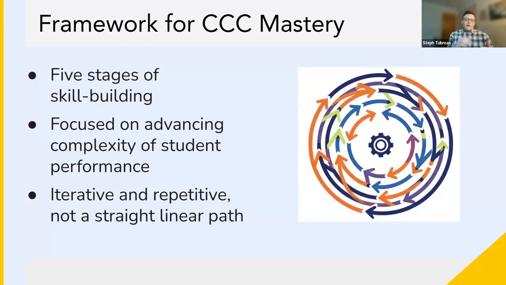I'm going to tell you about the 5 stages, 1, 2, 3, 4, 5, but it's not an expectation that students are going to move through those stages in that order without any repetition. We expect that there'll be lots of repetition at the different stages as students master different things. And that'll give you a chance as an educator to tailor it to your students and what they seem to be needing.